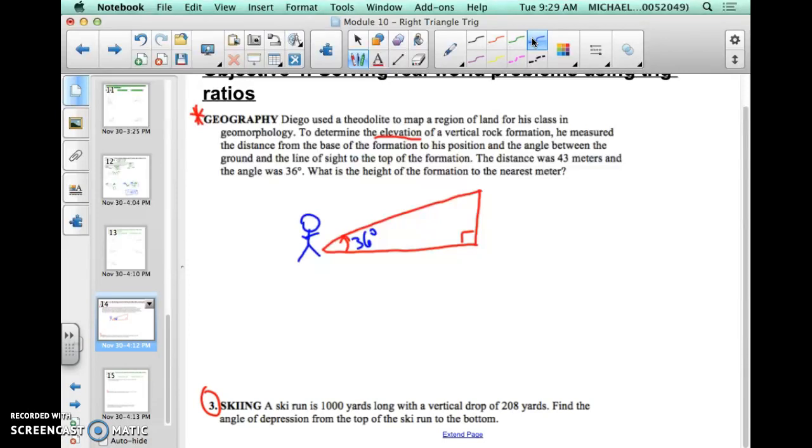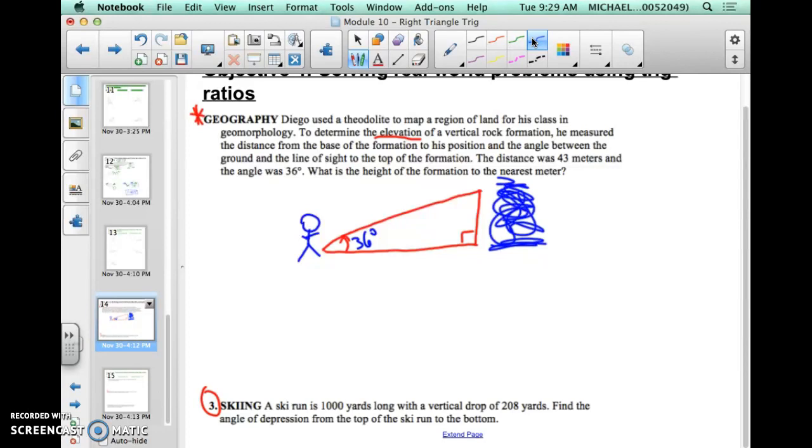And then I'm assuming he's looking at this rock formation that exists over here, rock formation, all right? To determine the elevation, so how high it is, of the vertical rock formation, he measured the distance from the base of the formation, so the base is over here, to his position, and the angle between the ground and the line of sight to the top of the formation.